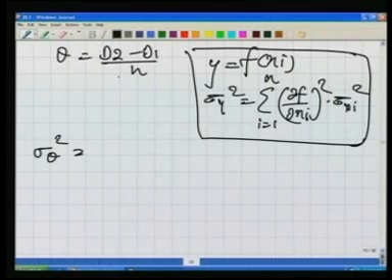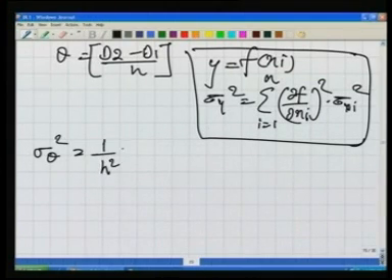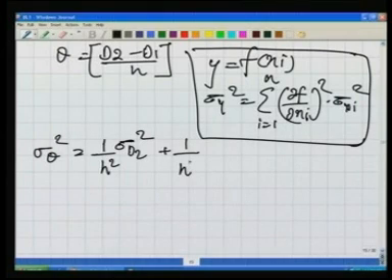If you now differentiate partially this particular function against d2 and d1, we will get 1 by n square sigma d2 square plus 1 by n square sigma d1 square.